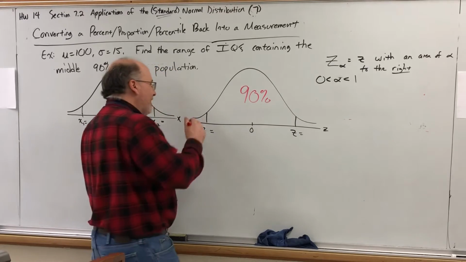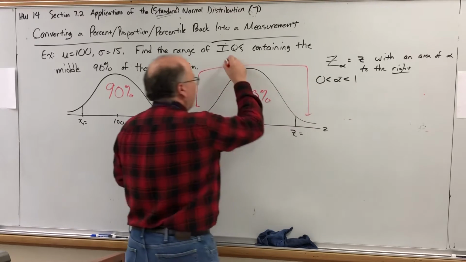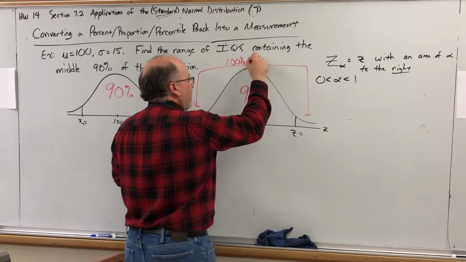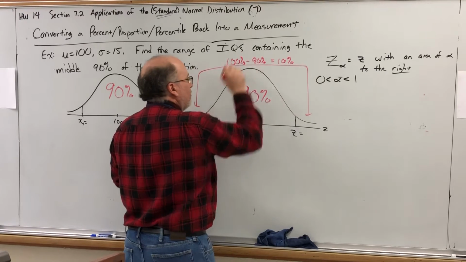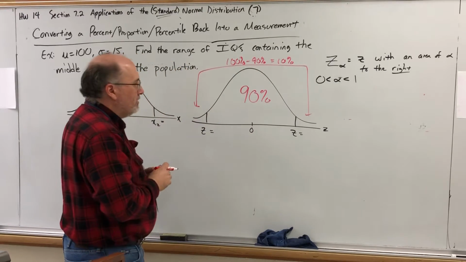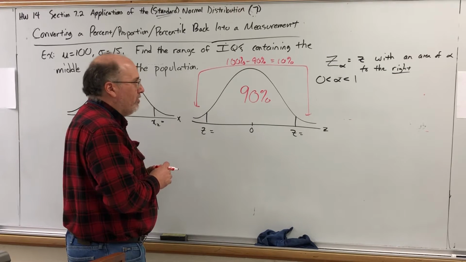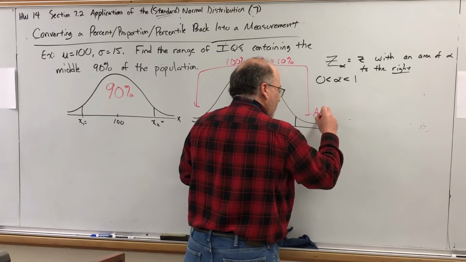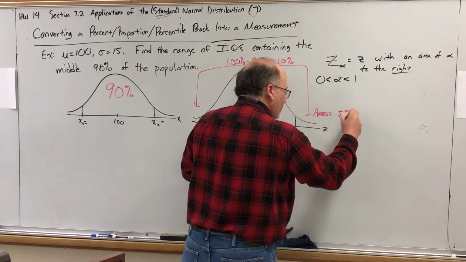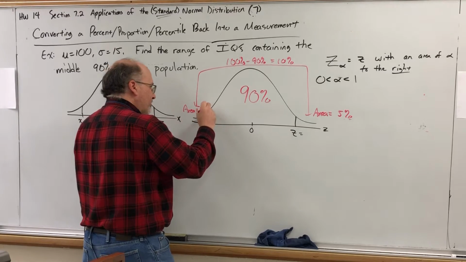Well, together the two tails would have to be 100% minus 90%, which is equal to 10%. But that's for both of them. And if they're the same size tail, then each one is half of 10%, which means that this area is 5%, and this area is 5%.